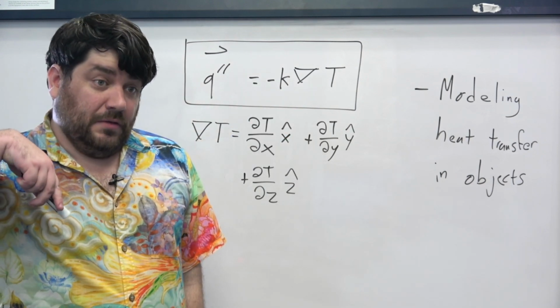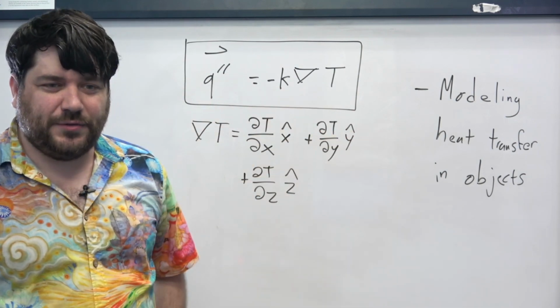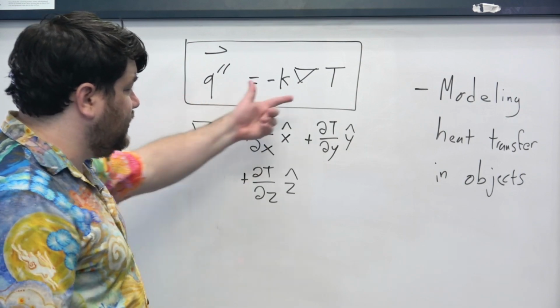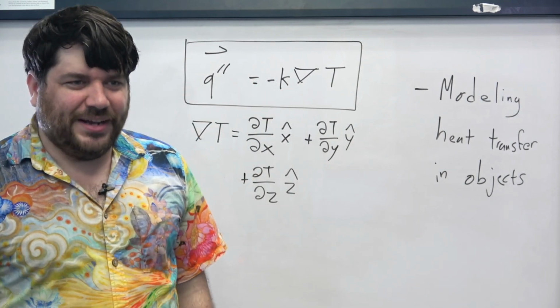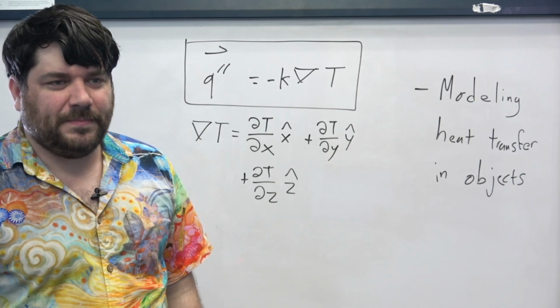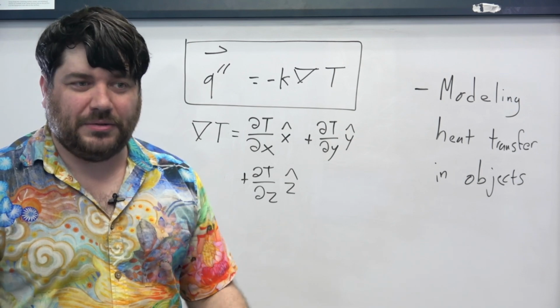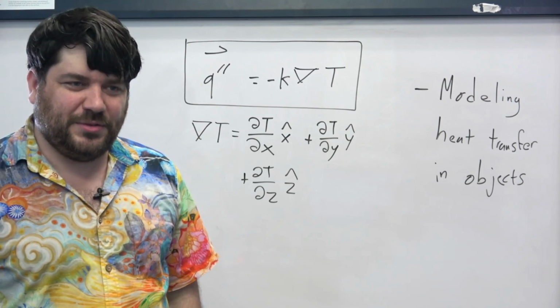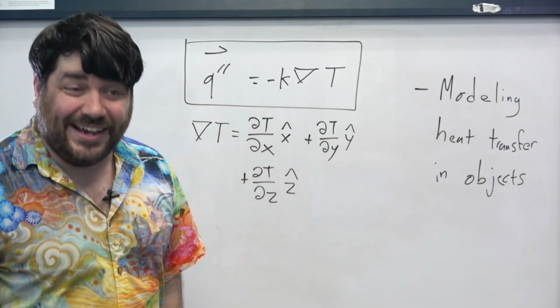And so now what we have to consider is, okay, now that we've described how heat transfer occurs inside of objects, now that we've created this new equation to describe it, how can we use it, right? In the same way that we used the equation of Q double prime is equal to H times delta T to model heat transfer between two different objects. And what you'll find is that this is often used for modeling conduction, right?